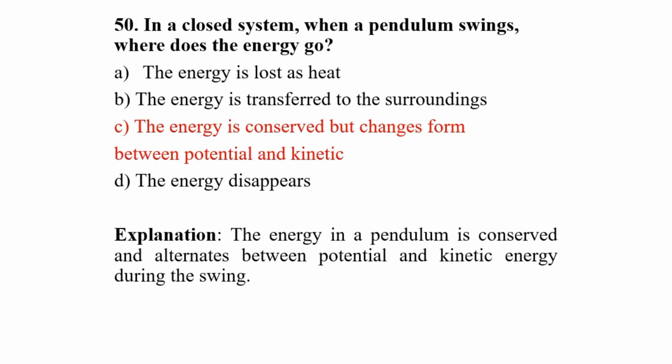The answer is the energy is conserved but changes between potential and kinetic. The energy in a pendulum is conserved and alternates between potential and kinetic energy during the swing.